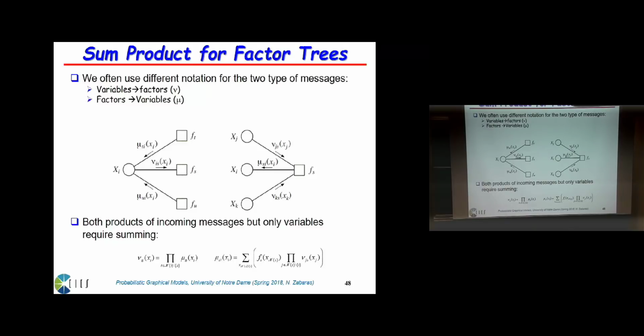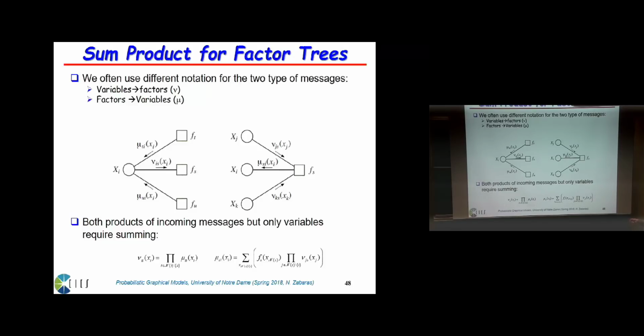If you want to find the message from a factor to a node, you have to take the factor itself and all the messages coming from all the nodes, and then integrate all of these variables out, except variable xi, and this will give you this.